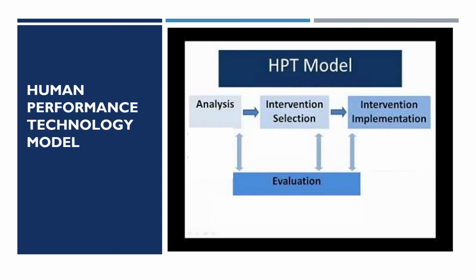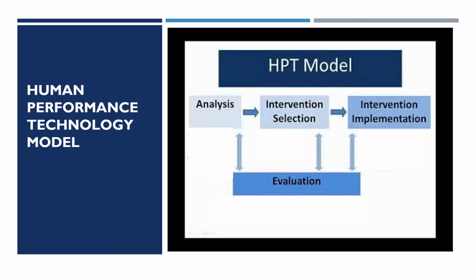Instructional design is focused on finding a knowledge gap to design to resolve it. Human performance technology focuses on a performance gap, and this gap is achieved when there is behavior and then results.